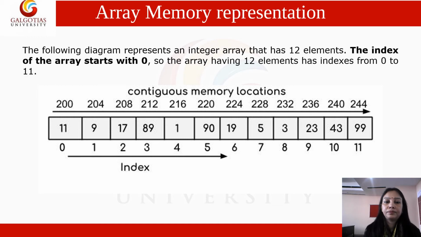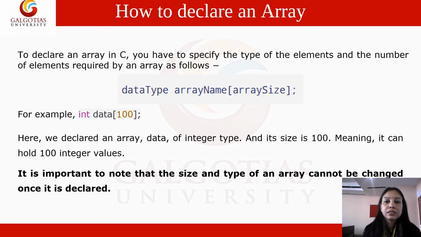Now this is the syntax, or how to declare an array. For declaring an array, as you are all familiar with declaring a variable, you do the same. The only difference is that we have to use square brackets after the array name. So see the syntax.